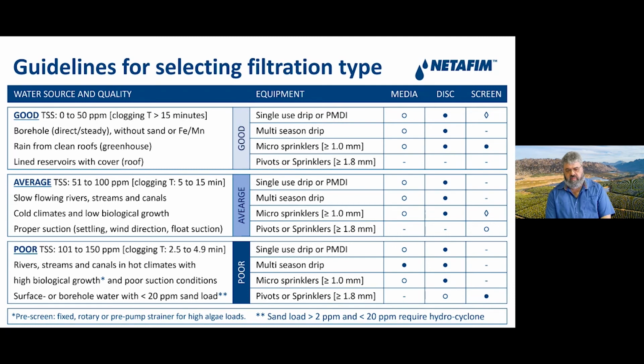Because you must also remember, between your source and your filter, we have a pump. So that biological growth or the algae can also create a big problem in your pump itself. Then sand, if sand is present, that also changes the factor, and I will show you in the next slide again. We will come back to the sand load.